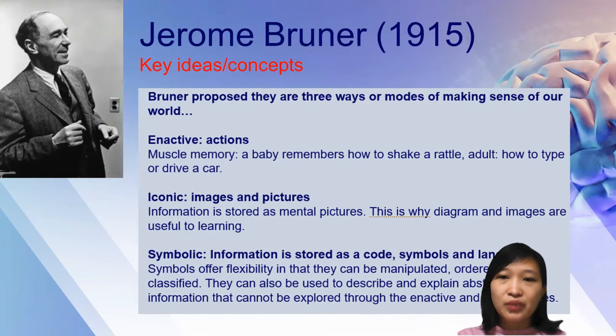Symbols offer flexibility in that they can be manipulated, ordered, and classified. They can also be used to describe and explain abstract information that cannot be explored through the enactive and iconic modes. Now I am going to show you the concept of Jerome Bruner.